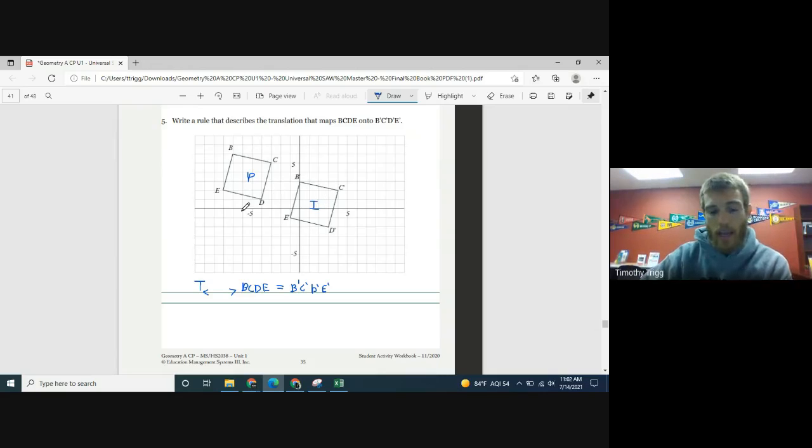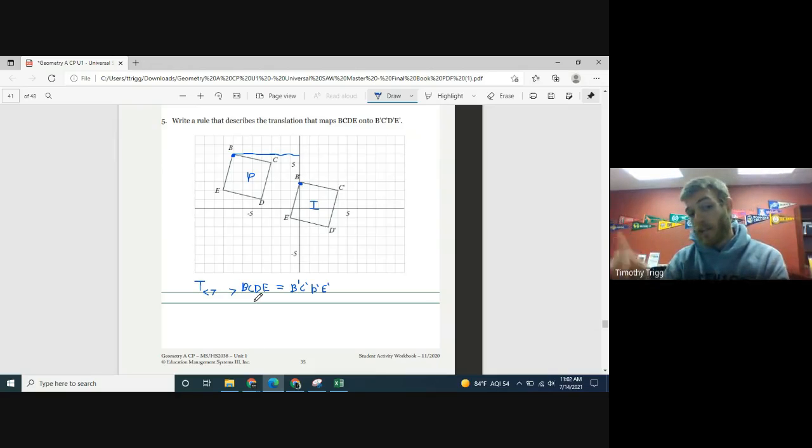We can just look at any point with its corresponding image point. So if I'm looking at B, how do I translate B to get to where B prime is? Well, I would have to shift to the right. How much? 1, 2, 3, 4, 5, 6, 7 to the right. So on the x, the horizontal shift was 7.